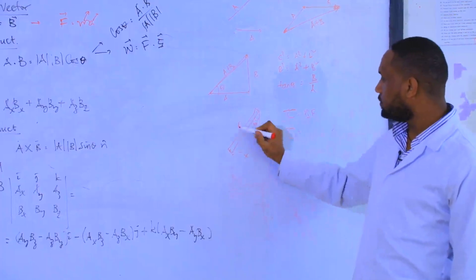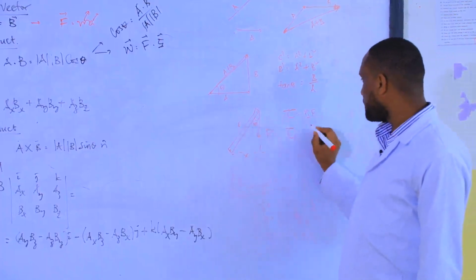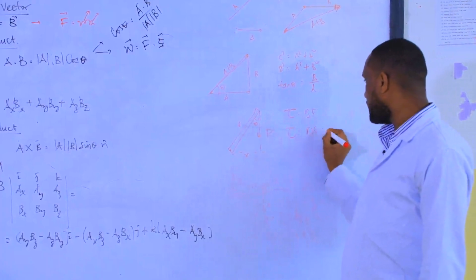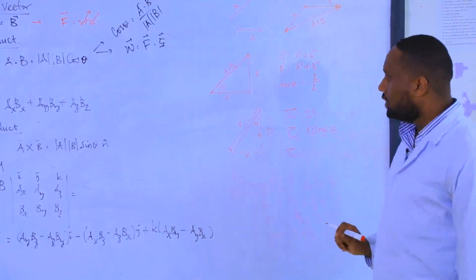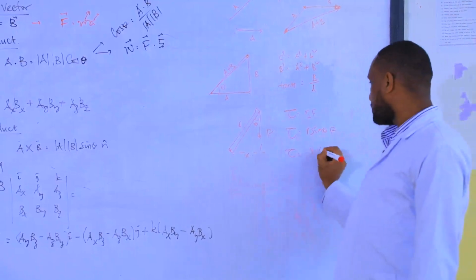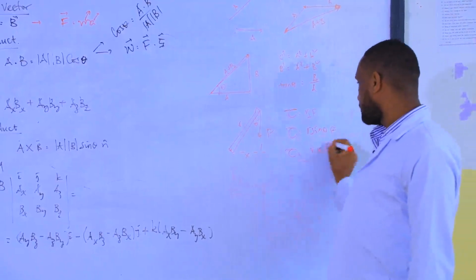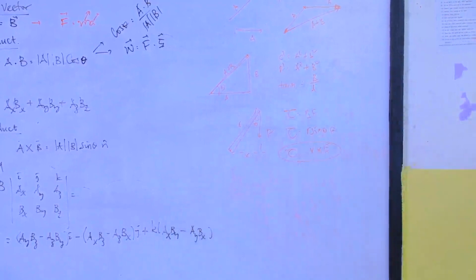From this, x is equal to r sine theta. So in terms of r perpendicular, we can use r sine theta times F. This can be expressed in terms of cross product as r cross F, okay? This is one way to determine the torque by a force.